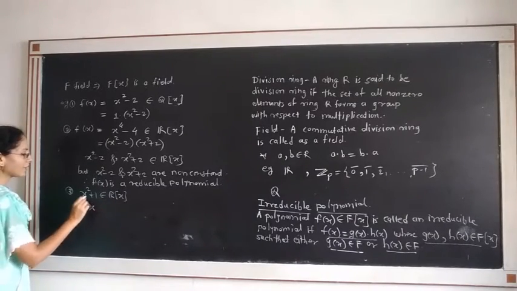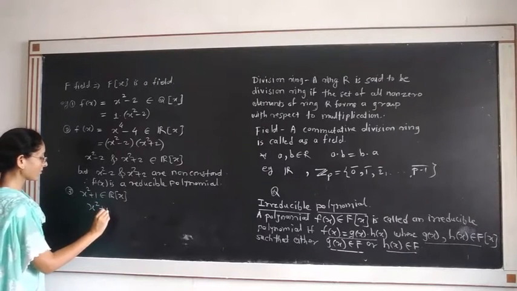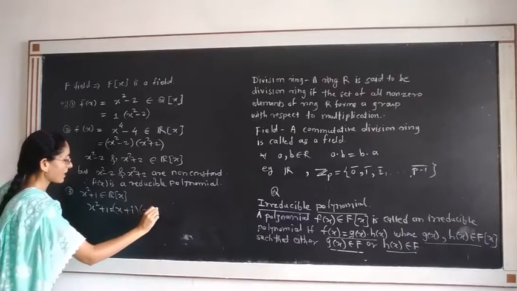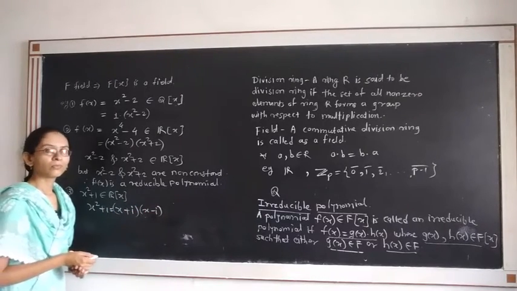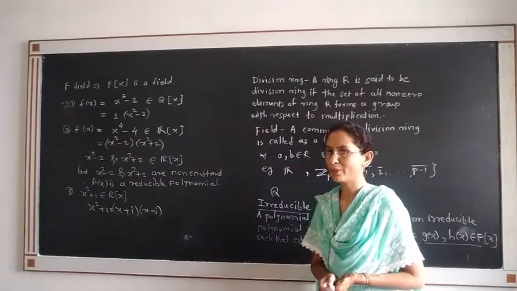Now, if you try to factor this polynomial, what do you get? x square plus 1 equals x plus i into x minus i, right? Where i is a complex number whose value is square root of minus 1.